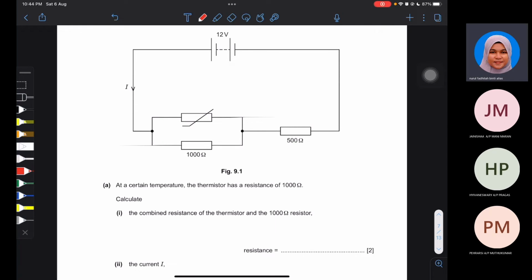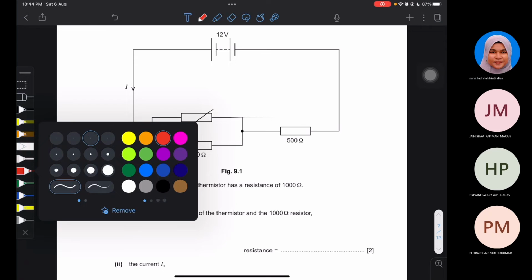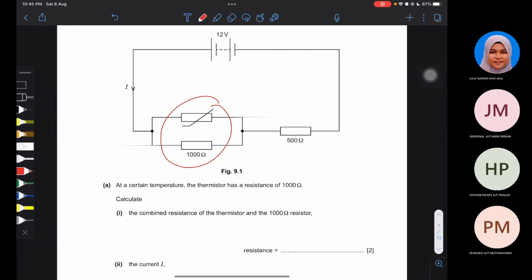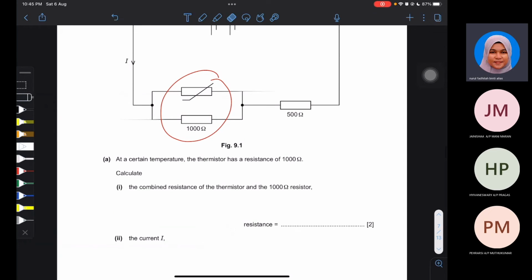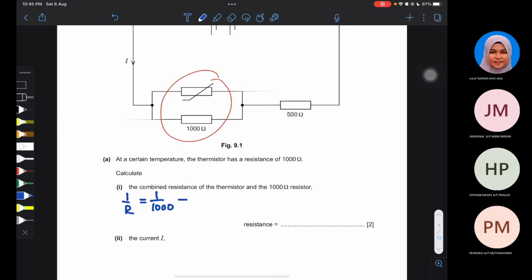Okay. Dia nak combine thermistor. And ni. Jadi soalan nak yang ni lah. This one. So what's that? So that is in parallel. Jadi in parallel 1 over R equals to 1 over 1000 plus ni thermistor.